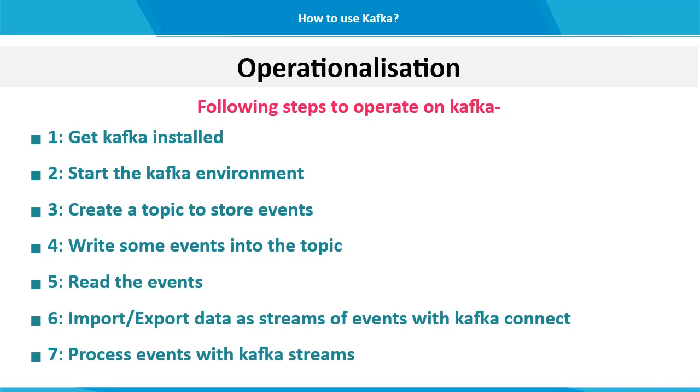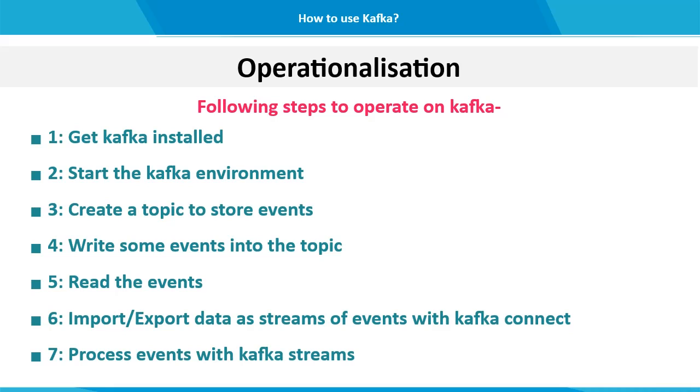A Kafka client such as a Kafka producer or consumer communicates with the Kafka broker via network for writing or reading events. Once received, the broker will store the event in a durable and fault tolerant manner for as long as we need. Even forever we can store the events.